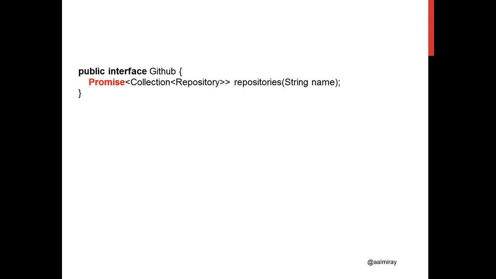Basically, what we want to do is define a contract. In this case, we have a component of type GitHub that defines a method and returns a value of type Promise. What we want to do is implement this particular interface and have it be used as a collaborator on some other components.